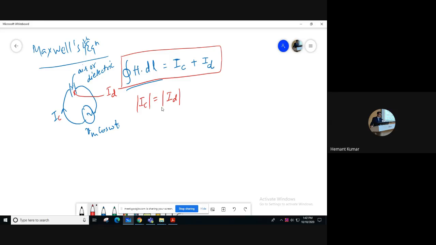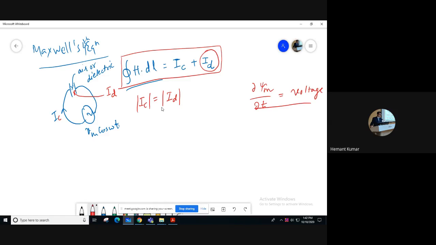Now we will see the value of this displacement current. This is equivalent to Faraday's law. Faraday's law says that the change in the magnetic flux is a form of a voltage, which we studied in the last equation.